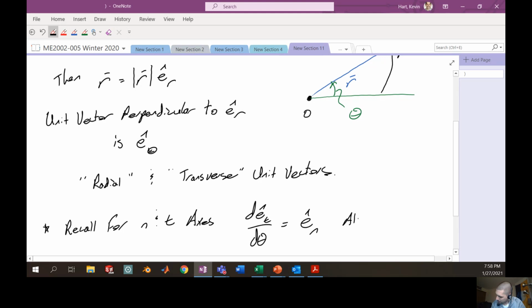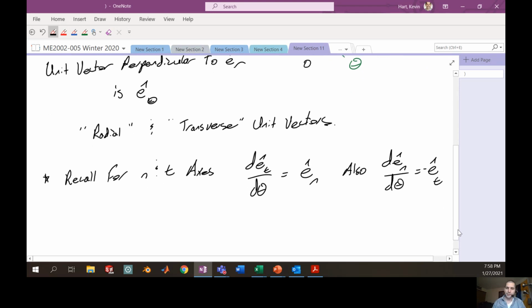And also that the derivative of your normal with respect to the angle theta was, sorry, there should be a negative sign here, negative e hat t. This was something that you learned for your n and t axes.